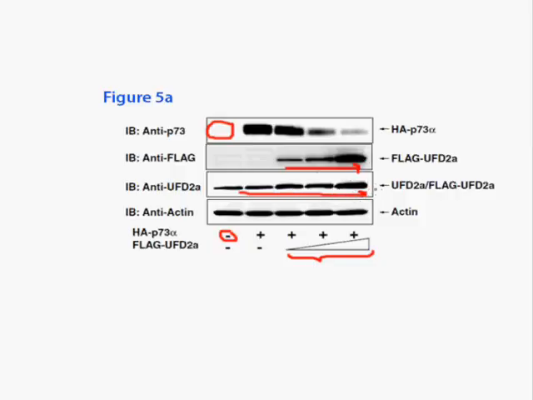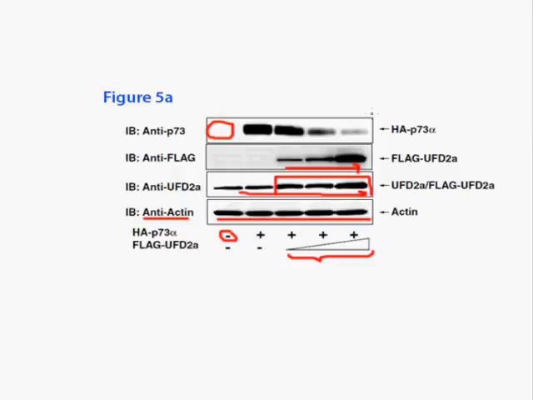Just from the introduction of the plasmid, these three here can be seen to increase while these two stay the same. This last panel here is just a control which blots for actin, and basically this shows that since they're analyzing the intensity of these bands, equal amounts of lysate were loaded because the levels of actin don't really change throughout.